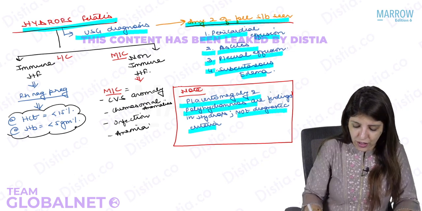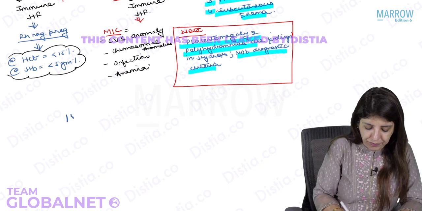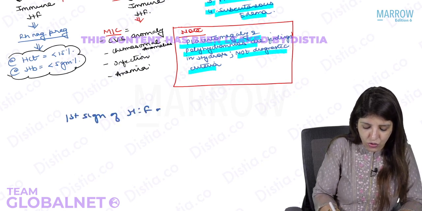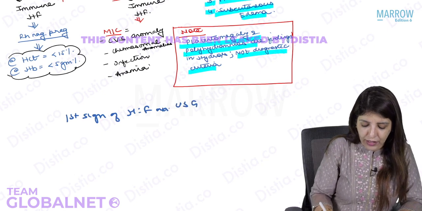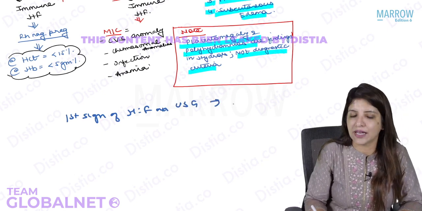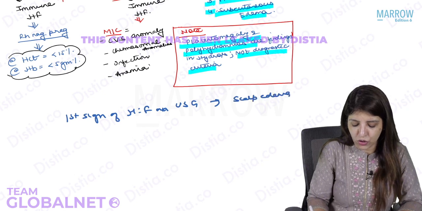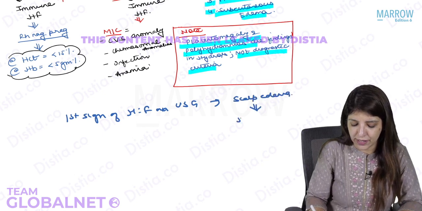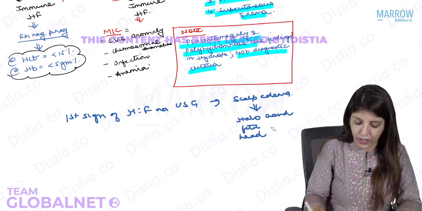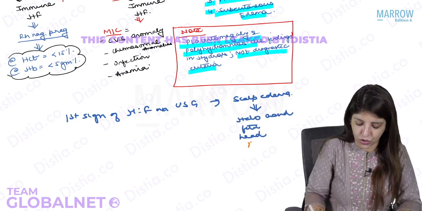Now tell me, which is the first sign of hydrops fetalis on ultrasound? The first sign of hydrops fetalis on ultrasound is scalp edema or subcutaneous edema, which appears as if there is a halo around the fetal head, and that is what is called the Buddha sign.